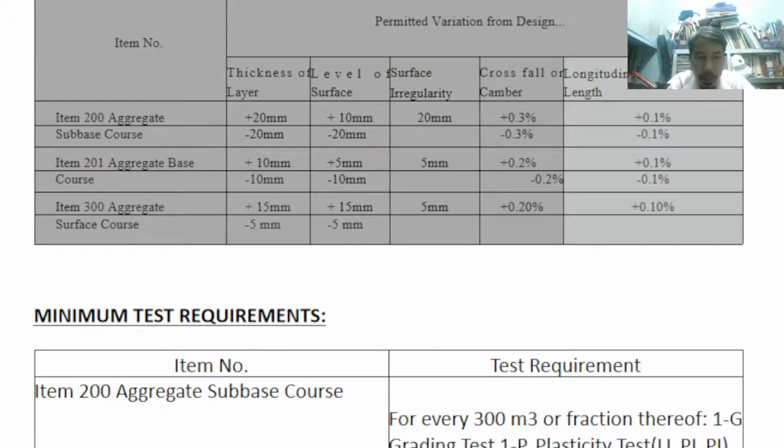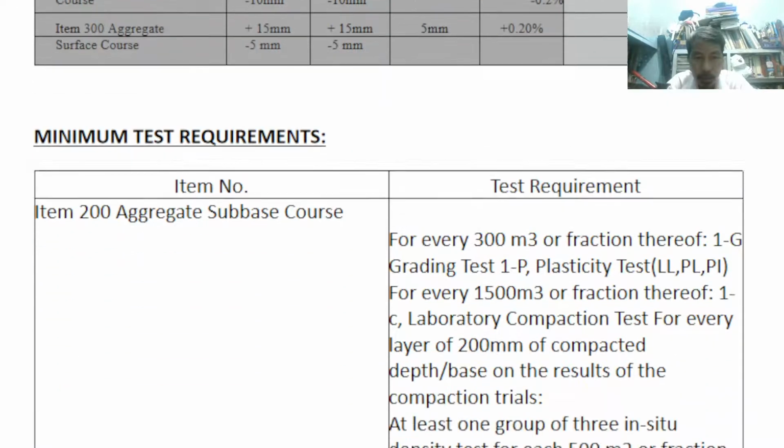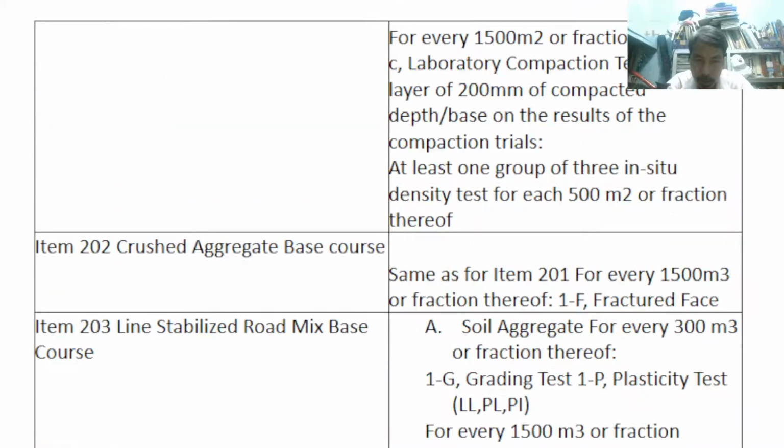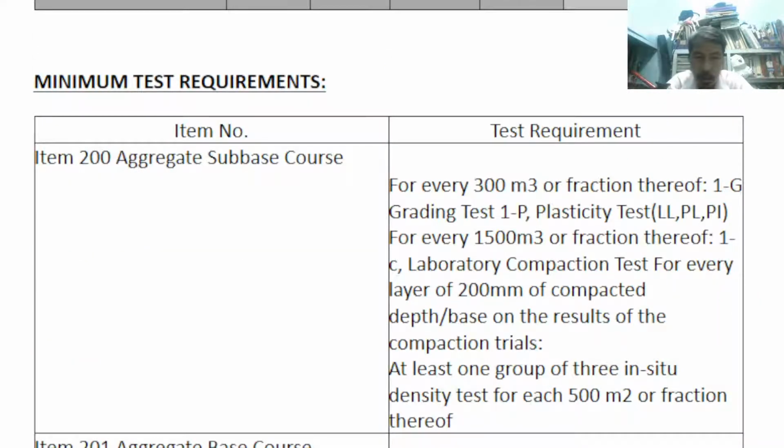So next, let us talk about minimum test requirements for these items. For item 200, aggregate sub-base, for every 300 cubic meters or fraction thereof, 1G, 1P. G meaning grading test, P plasticity test.